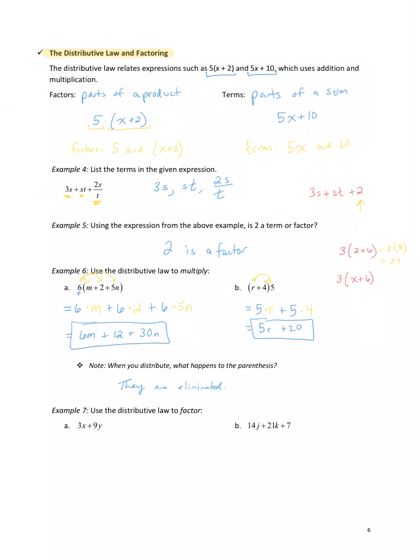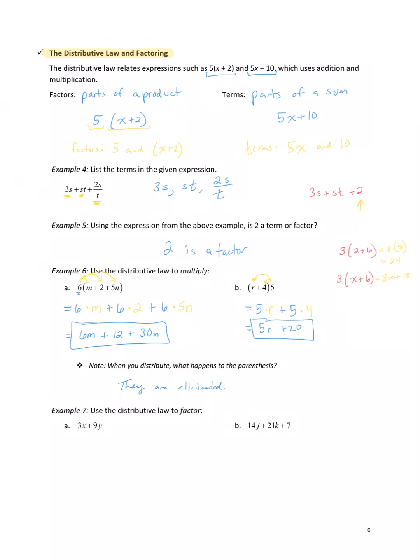Whereas in the second one, since we have a variable, we cannot add an x and 6. So the only way to get rid of the parentheses here would be by distributing, so this would be 3x plus 18. So if you can complete the operation, you want to do that and then multiply by the 3. If you cannot, you have to distribute, but either way, you have to get rid of parentheses.